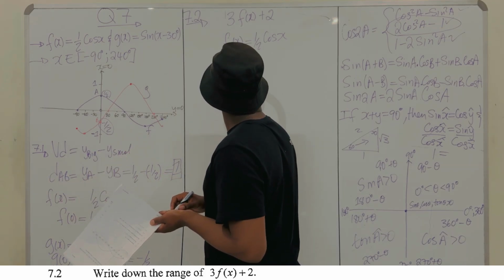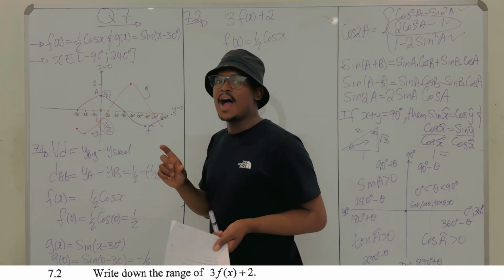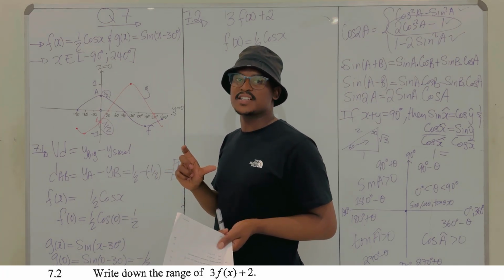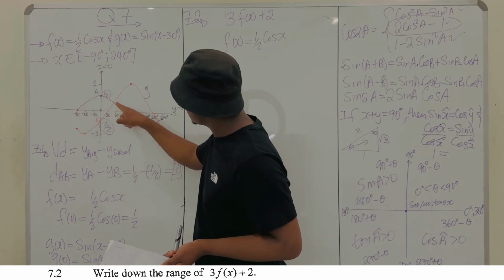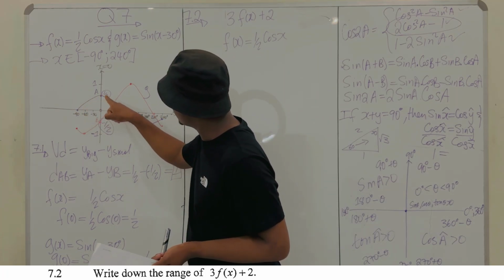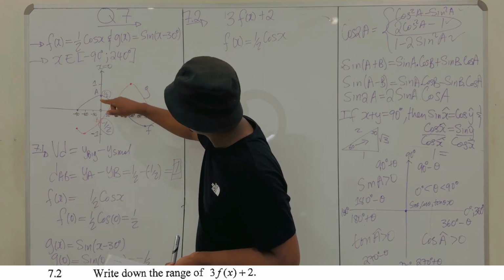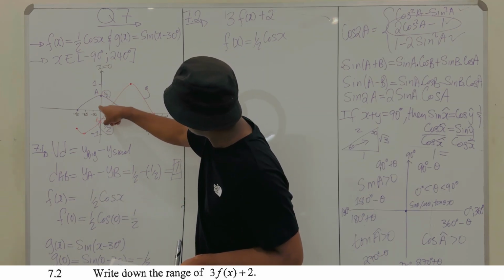You know that the range of f of x is the y values that your function uses, right? You can see that it oscillates between minus a half and a positive half. So here's the range of your purple function.